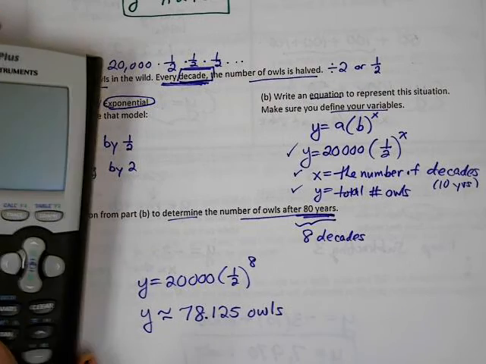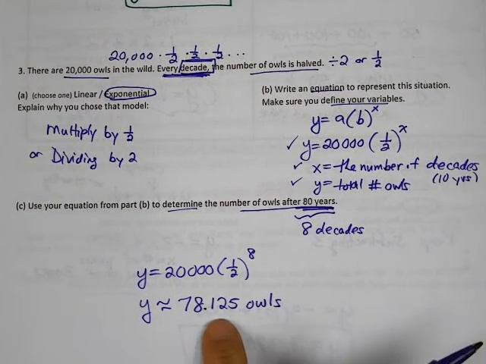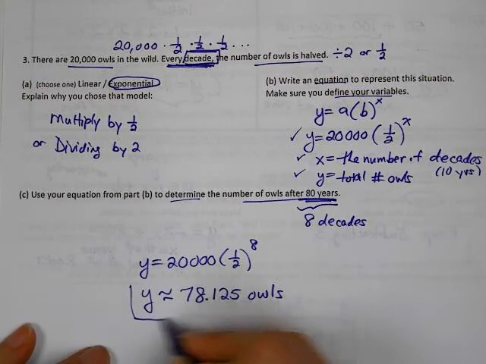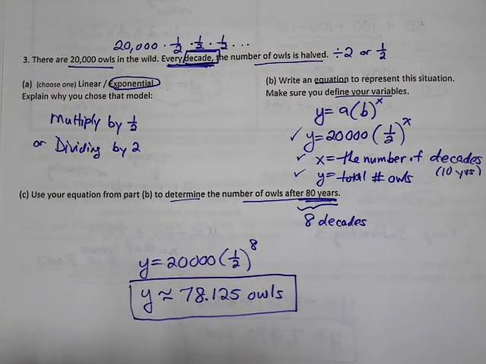Of course, there's not going to be a fraction of an owl, but this is predicting about 78 owls are going to be left. So they're probably on the endangered species list. Okay, thank you.